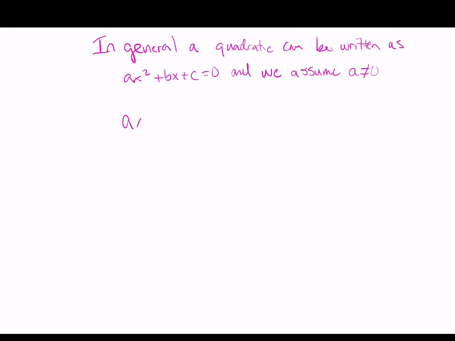So we first want to rewrite the equation. We want to move the constant to the right-hand side, so we get ax squared plus bx is equal to negative c.